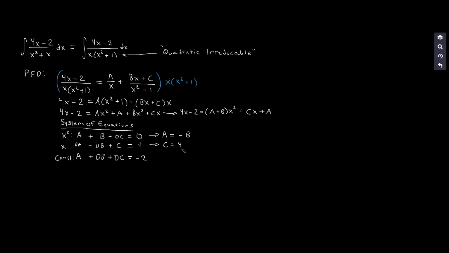C equals 4, and a equals negative 2. I'm confused though. No, I'm not. If a equals negative 2, that means that b equals 2. And so, well, that means that we can rewrite our integral.